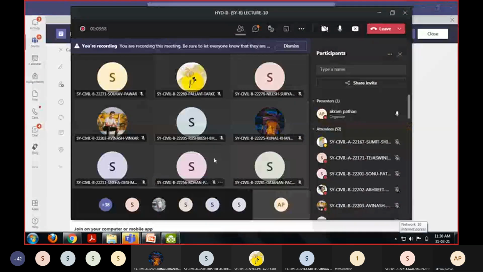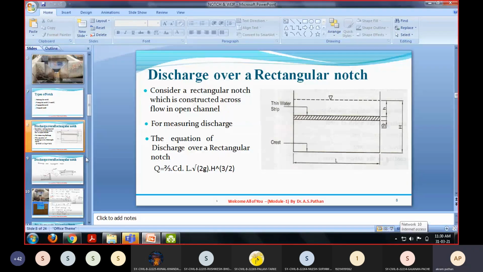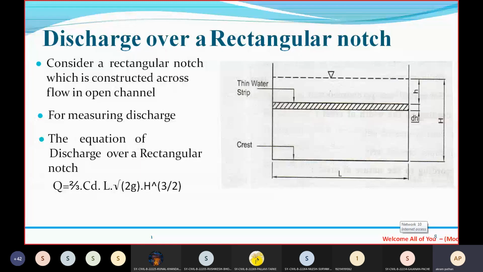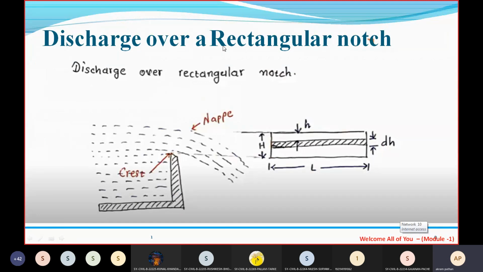Again I would like to highlight this one. 2/3 CDL root 2G h raised to 3/2. See here, this is the discharge over a rectangular notch or weir.